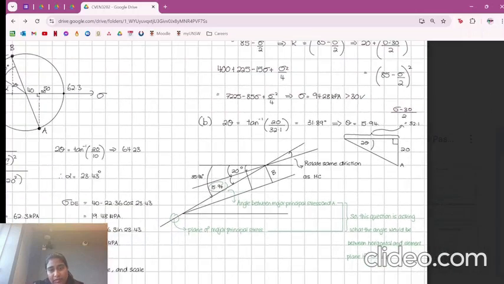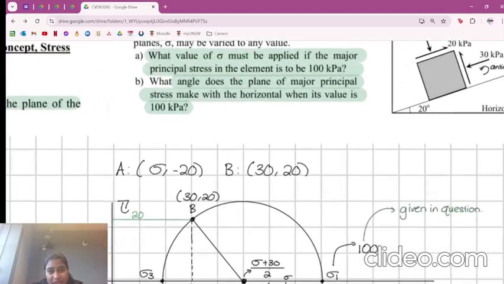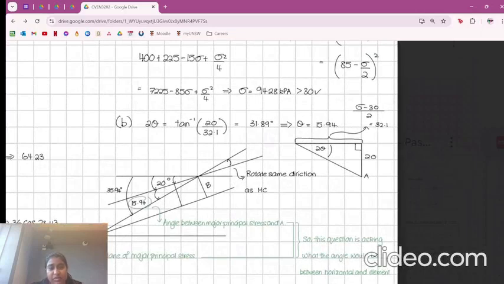So that's the value that the question is asking for. It's a bit difficult to understand when you haven't gone through the lectures yet, but basically it's asking you to compare this plane to the horizontal, and it's asking for the angle that would be between the horizontal axis and the element if the stress was at 100 kPa, which is what I've written down there.